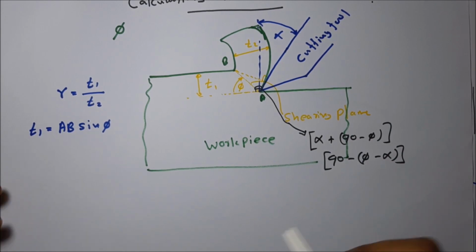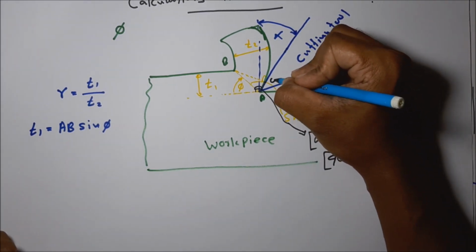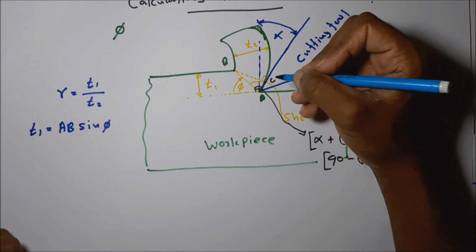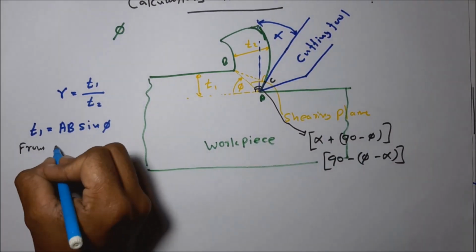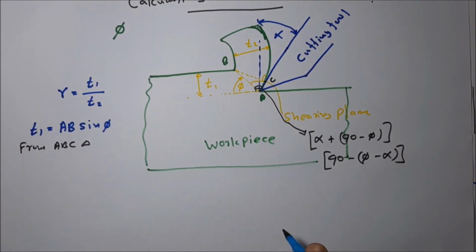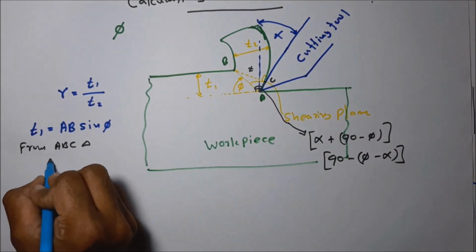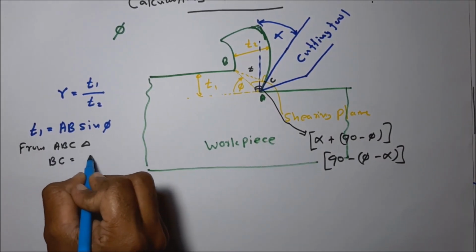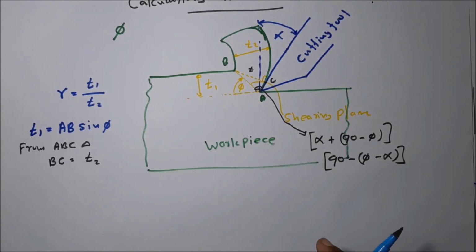Then from this triangle, let's take this point as C. From triangle ABC, BC is equal to t2.